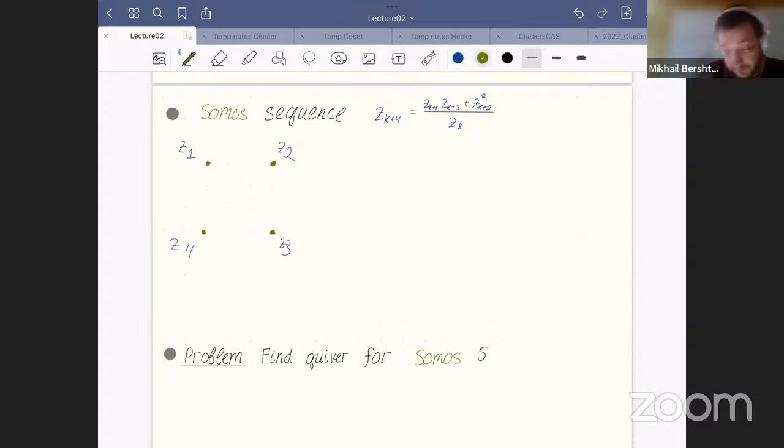In order to have such a formula, we should have such a story. Here there should be 2 arrows, say from 2 to 1.